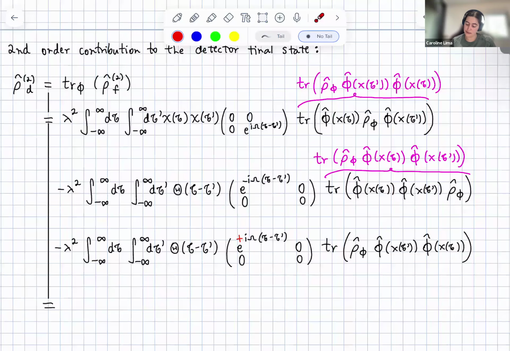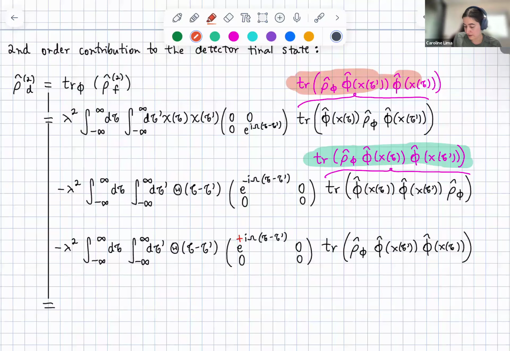This one is written as rho of phi times phi of x of tau and phi of x of tau prime. I would prefer this order here. I like this one more. That's kind of a matter of preference, but I like this order more. So that is my favorite. Therefore, I want to change the order, move something here to change the order of these other two here. Okay.